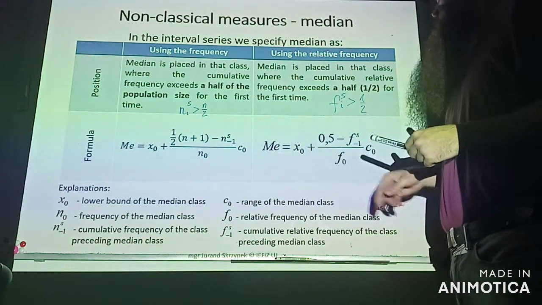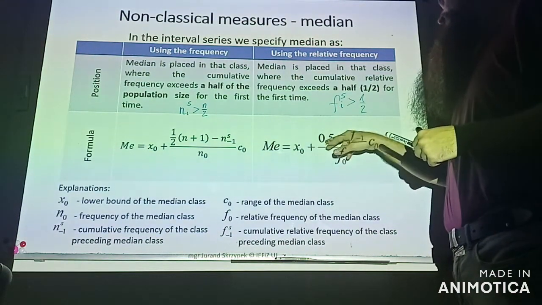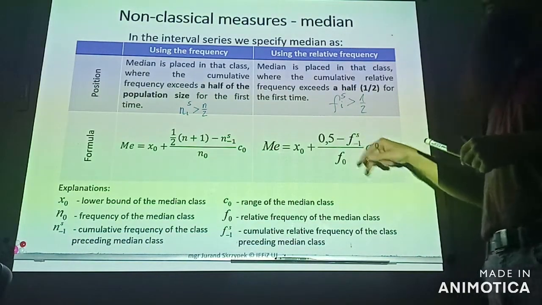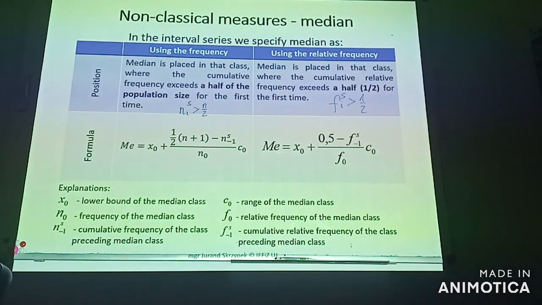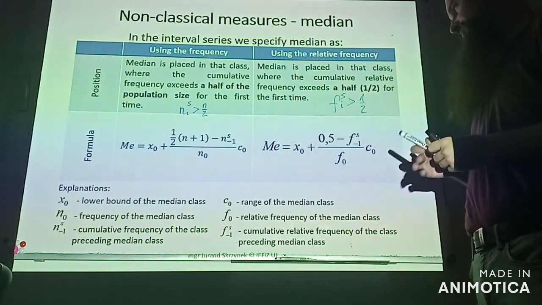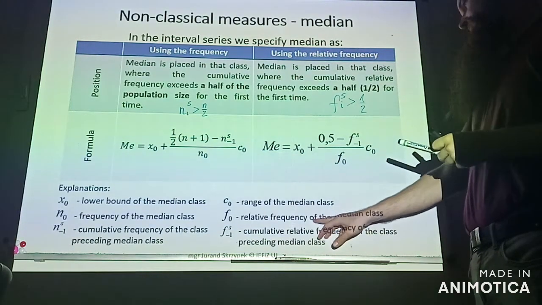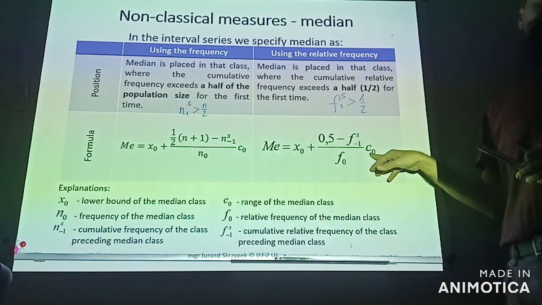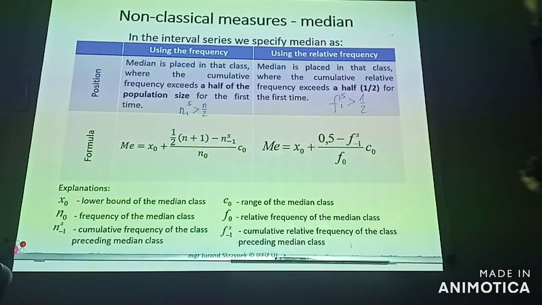Median is equal to x0 plus 0.5 minus the cumulative relative frequency from the class that precedes the median class, divided by F0, the relative frequency of the median class, and here we have the range of the median class.